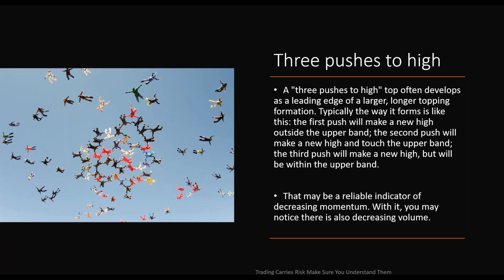The second makes a new high, but the band has expanded higher than that, and it touches the upper band but doesn't break through it. The third time frame makes another new high in price, but the band has exceeded out, the band is growing wider, and so it actually doesn't touch the upper band, even though it's a new high for price.